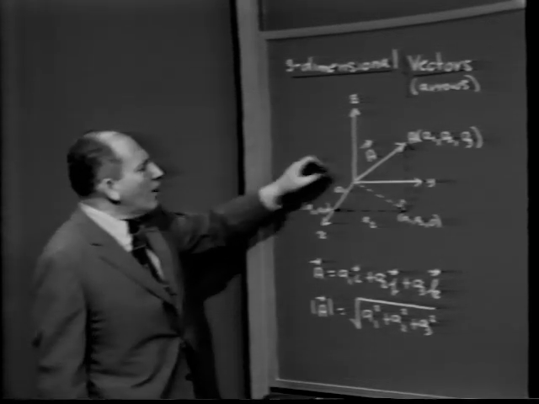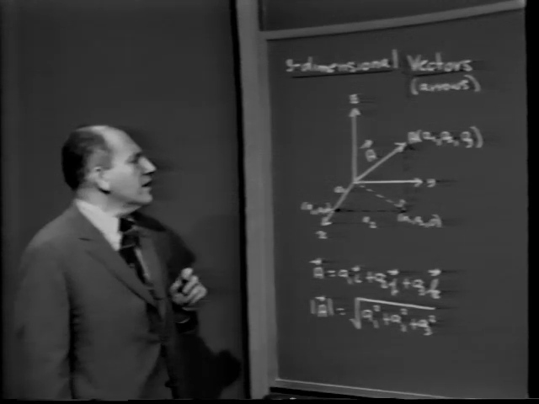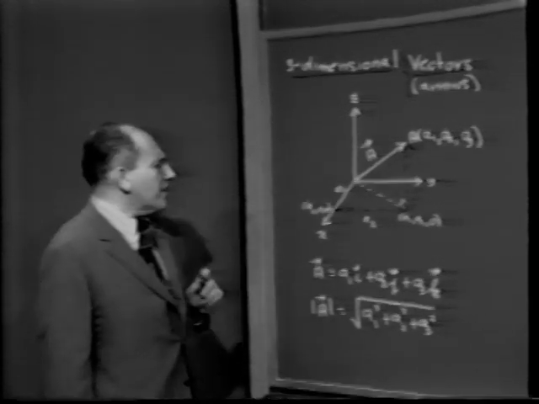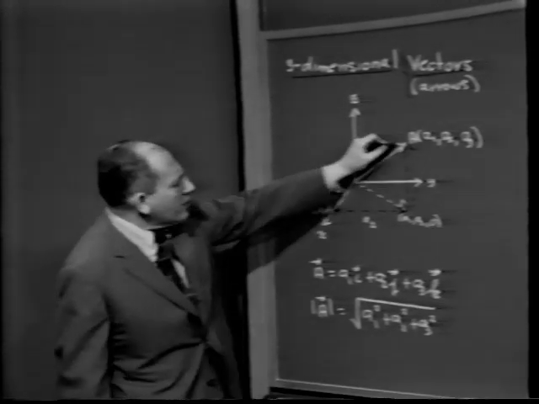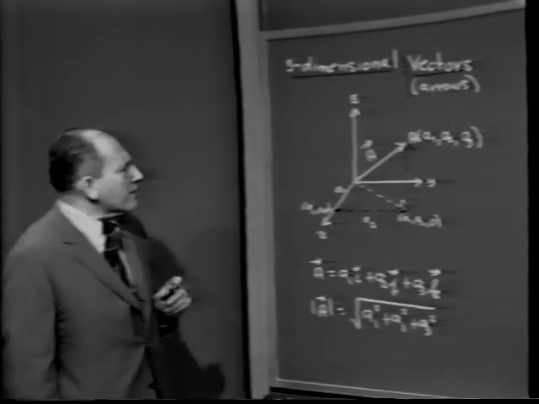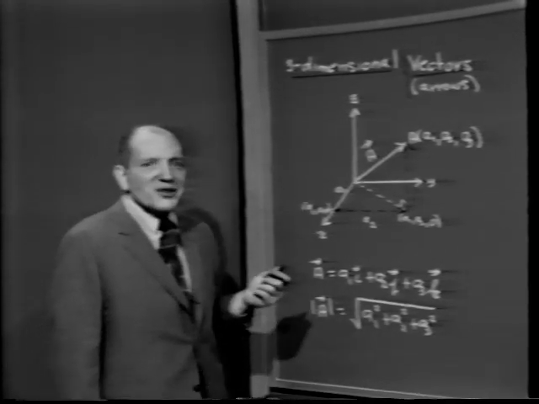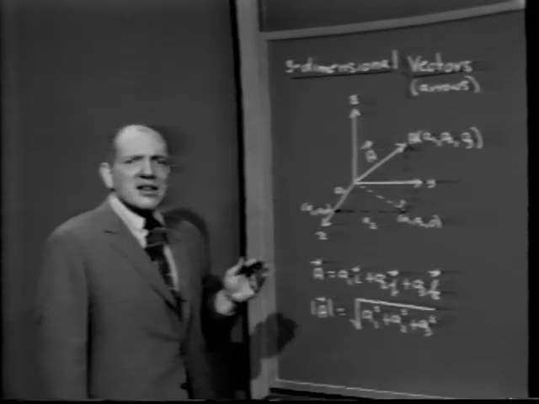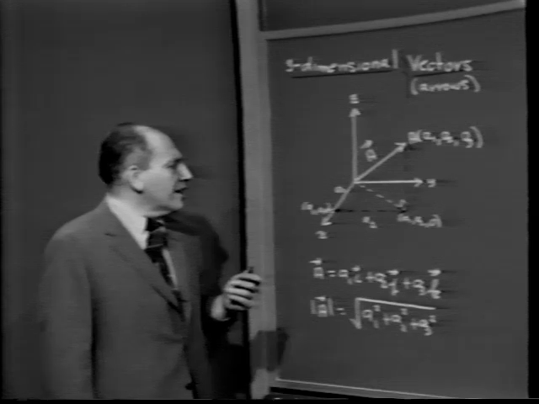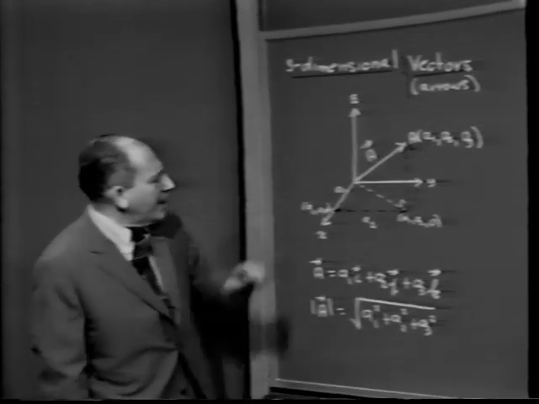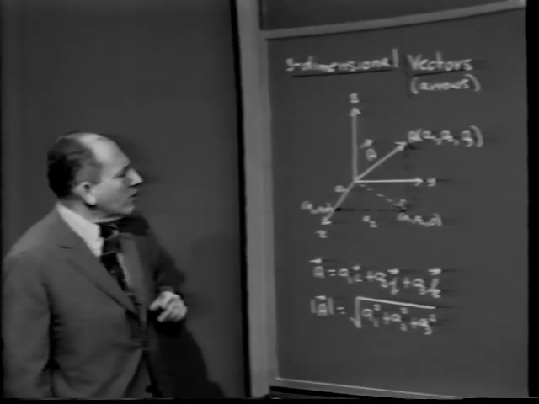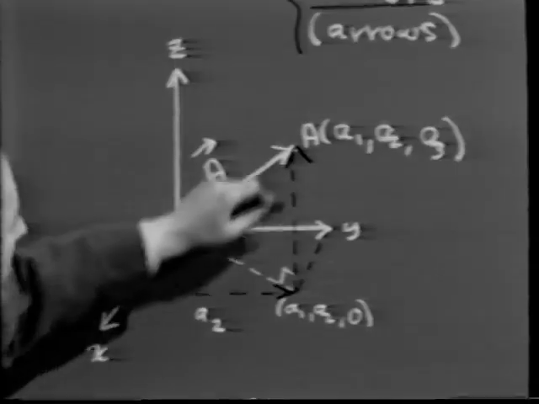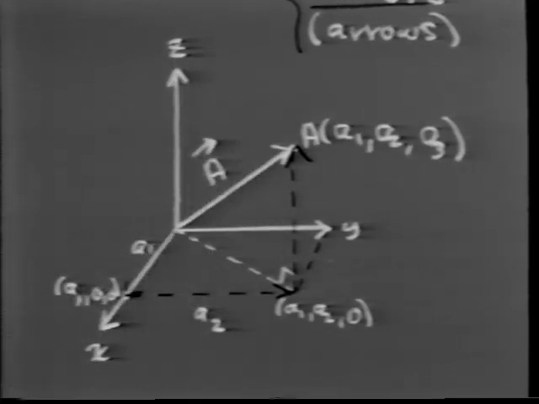Also, we can get a hold of the magnitude of this vector. Remember, the magnitude is the length. And how can we figure out the length of this vector? Notice that, by the way, the geometry gets much tougher in three-dimensional space. But I want to show you something interesting in a minute. Let's suffer through the geometry for a minute. Let's see how we can find the length of the vector A. Well, the magnitude of A happens to be the hypotenuse of a right triangle.